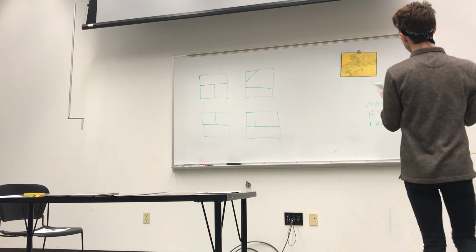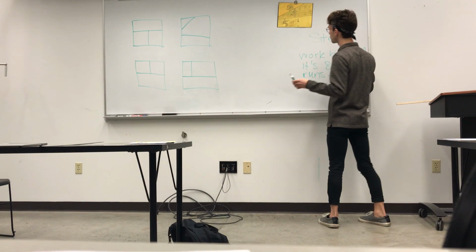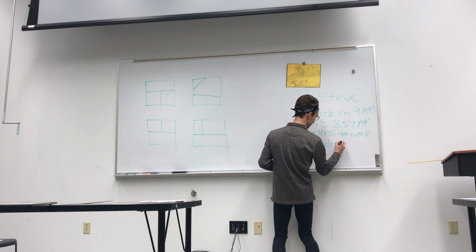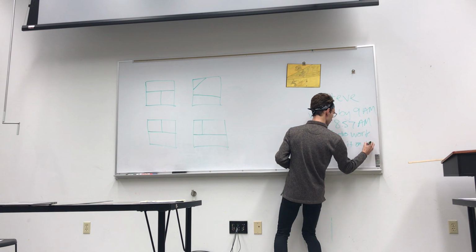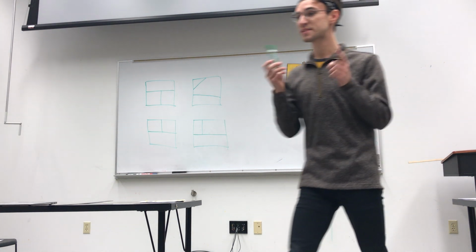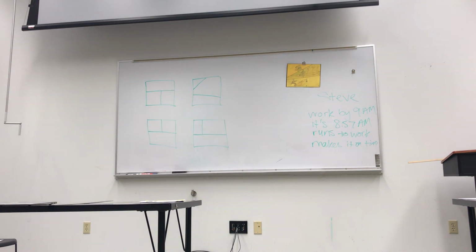So he's running to work. We don't know if he's going to make it on time. And he does. He makes it to work on time. And he's going to be sitting in his office chair, smiling, because he arrived on time.